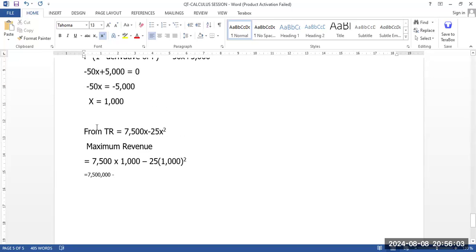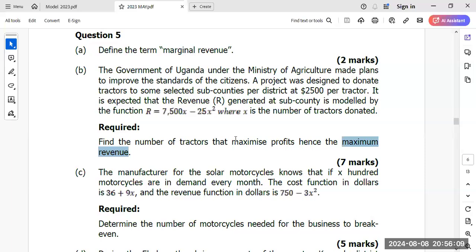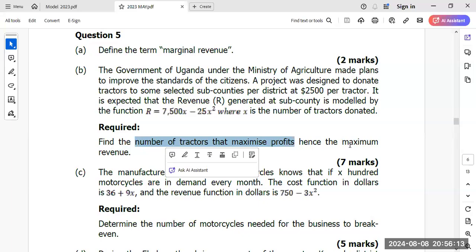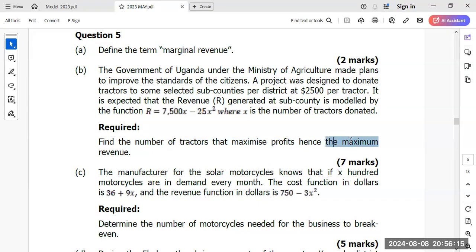What is the question? Find the number of tractors that maximizes profits, and hence the maximum.